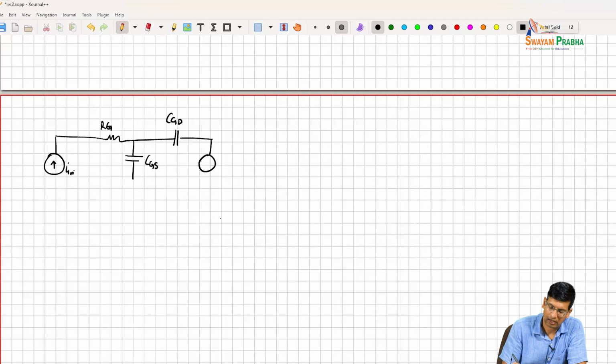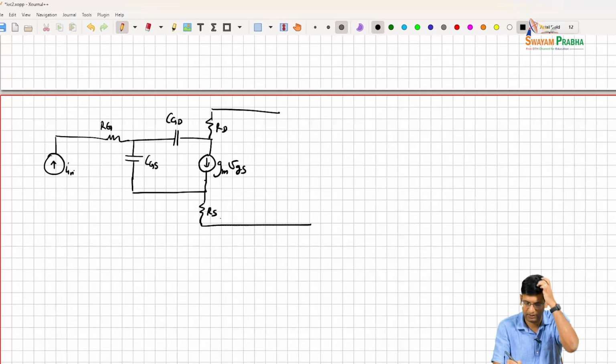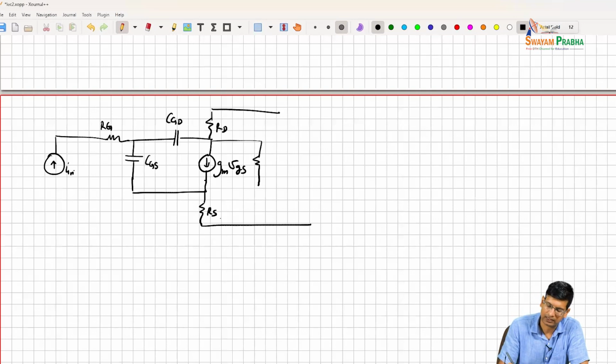Then I have GM-VGS. I'm going to have an RS, an RD, and technically I also have an RDS. And then I'm trying to measure I out.